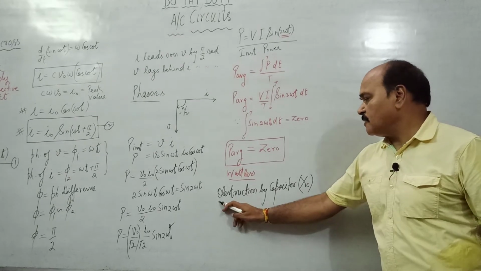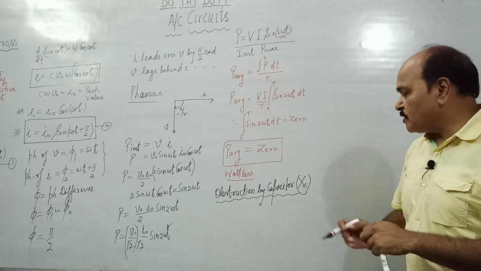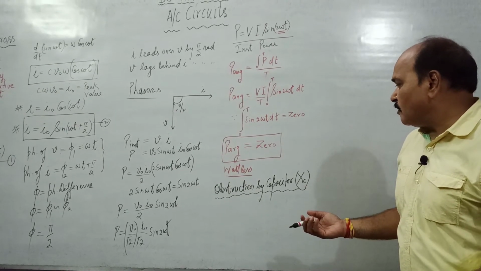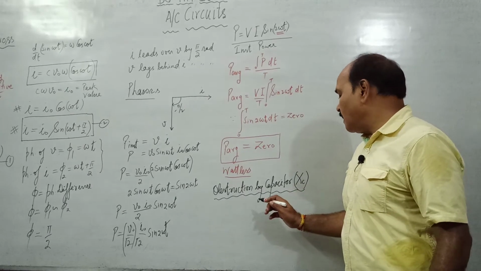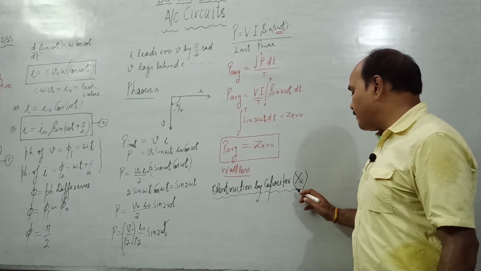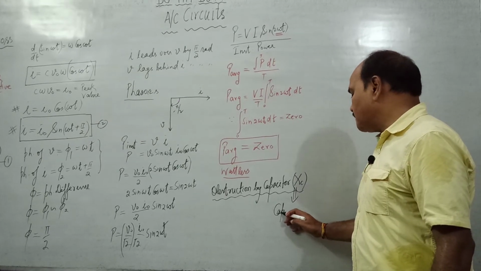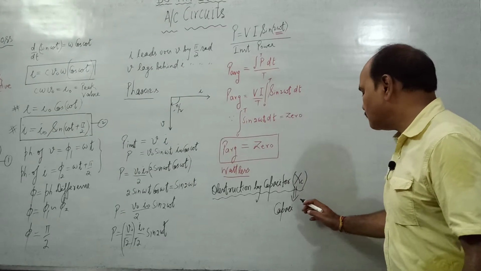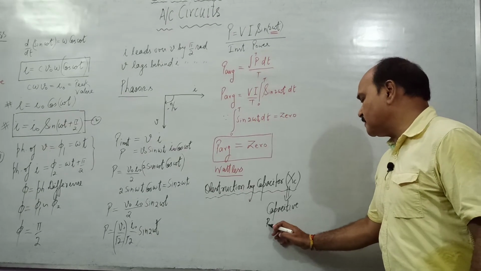This XC is called capacitive reactance. What do we call this? We call this capacitive reactance.